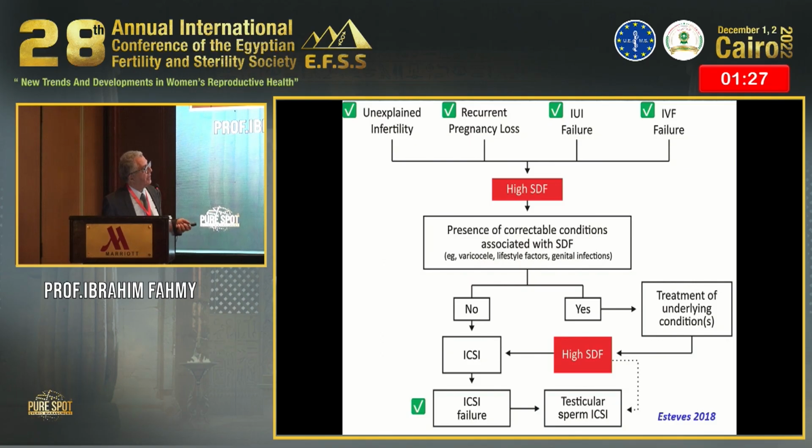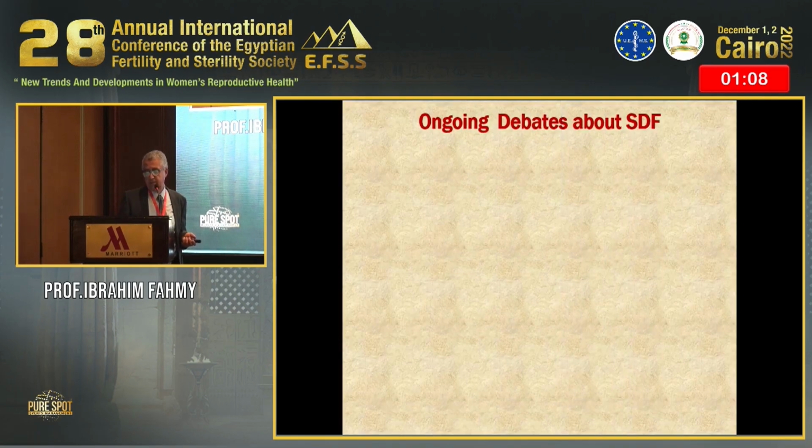We don't go for ICSI directly. If it is not high, this is what we do in unexplained infertility, we can usually try ICSI. If there is repeated ICSI failure, we may consider testicular sperm for ICSI. But remember that we still have long ongoing debates about this.